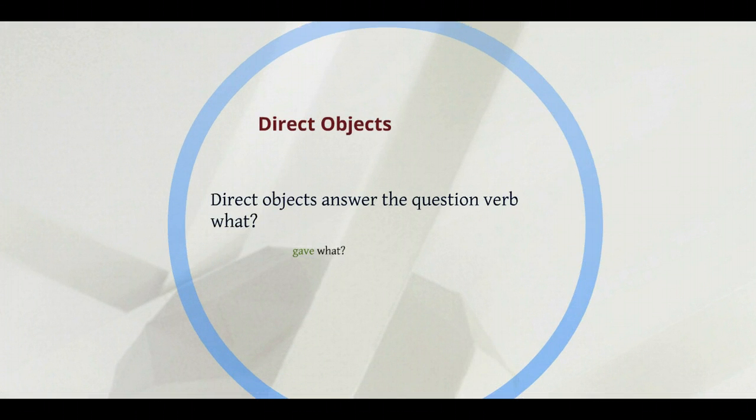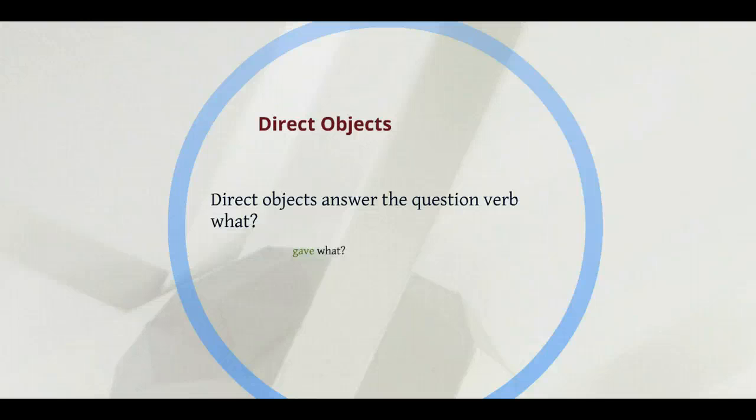Okay, the first type, the direct object. The direct object receives the action directly. Because they receive the action directly from the verb, they can always answer the question, verb what? Okay, so you can see that down there.